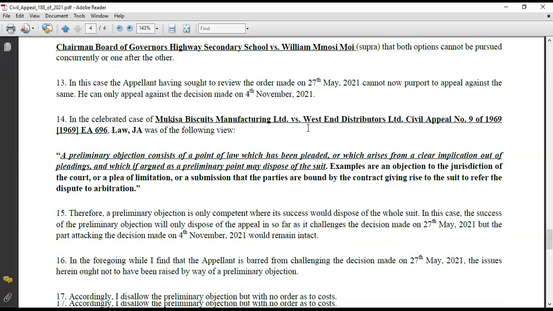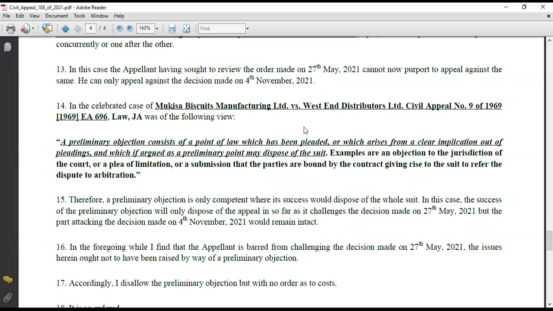He only needed to have appealed the decision of 27th May 2021, not the review.